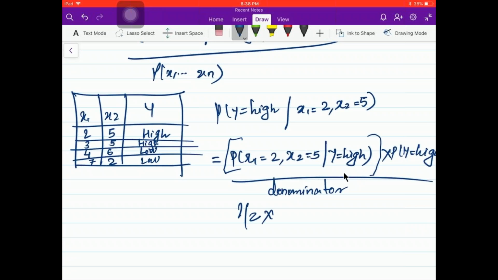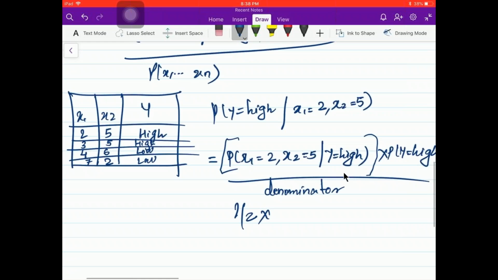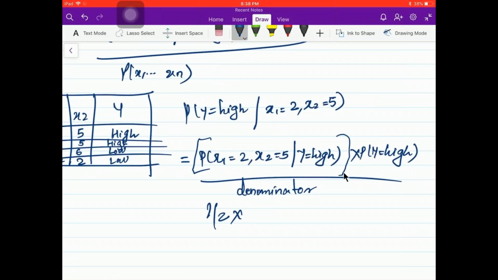Into what is the probability of y equal to high? 1 by 2, 2 by 4 equal to 1 by 2. Excellent. So you get this.